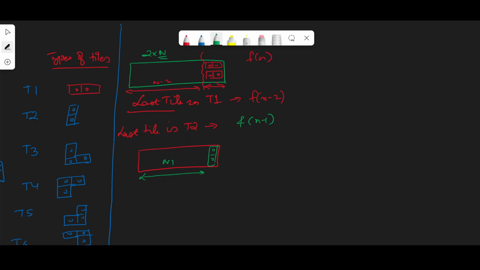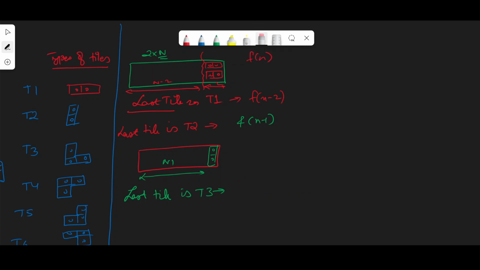Now let's say the last tile is T3. If your last tile is T3, it will not be like this, sorry.